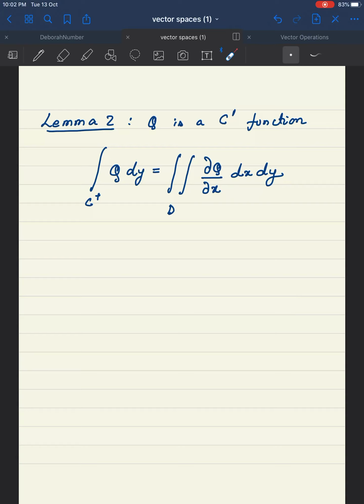Now, if you add the two lemmas, Gauss's theorem says, sorry, not Gauss's theorem, I'm sorry, that's a mistake. Green's theorem. Gauss's theorem will come a little bit later. Maybe we'll discuss Stokes first.